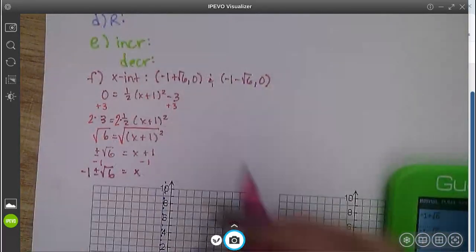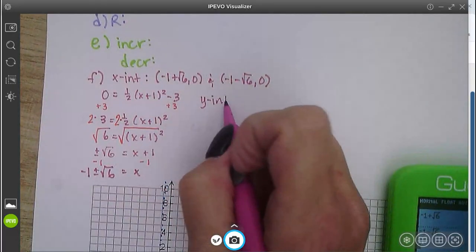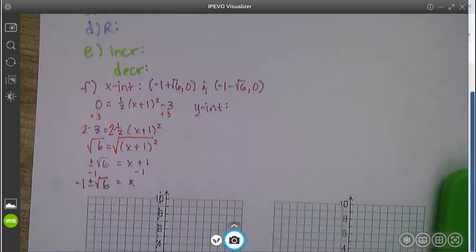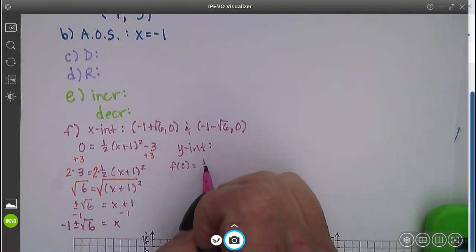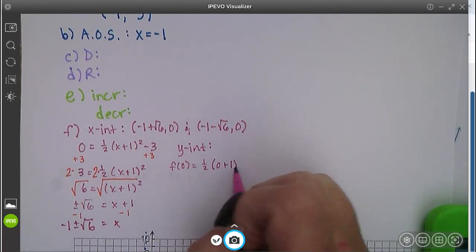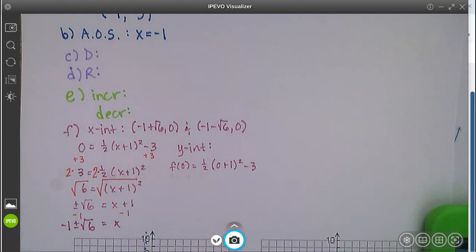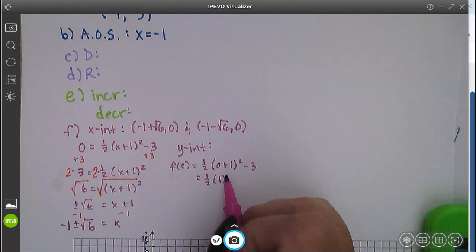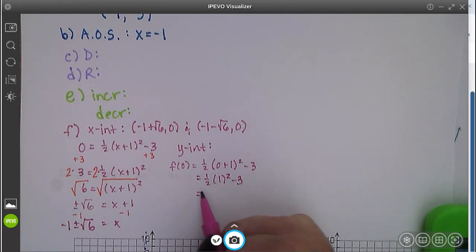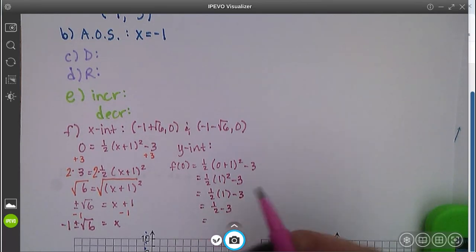And then for the y-intercept, I'm going to put 0 in for x. So f of 0 would be 1/2 times (0 plus 1) squared minus 3. What's in the parentheses first gives me 1 squared minus 3. Then do exponents, then multiply, then subtract.